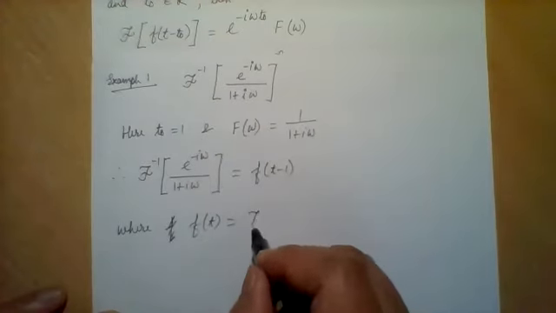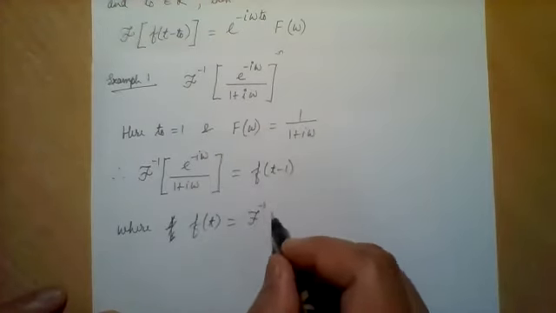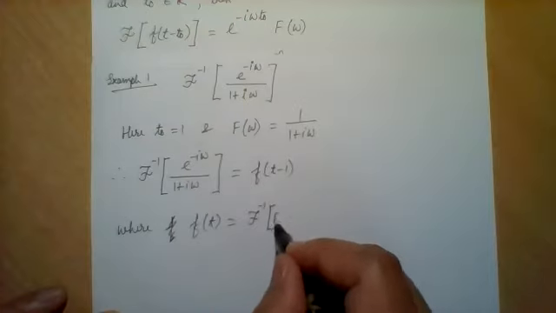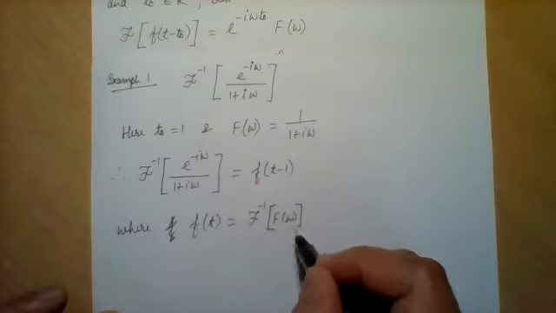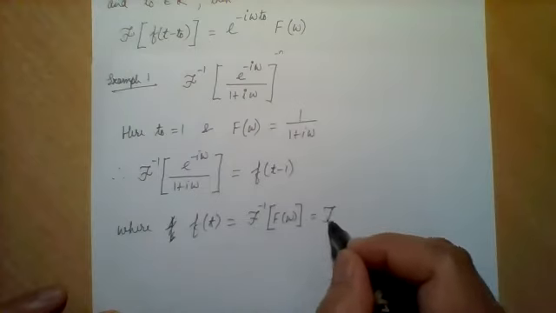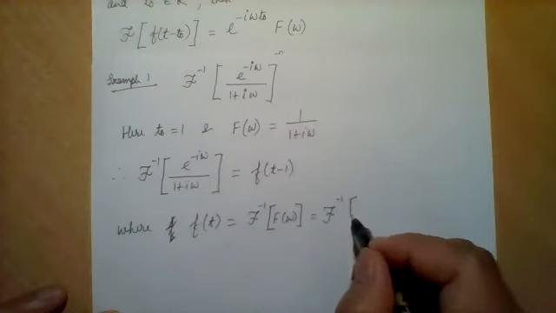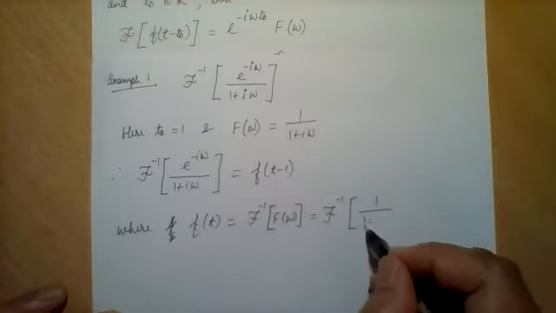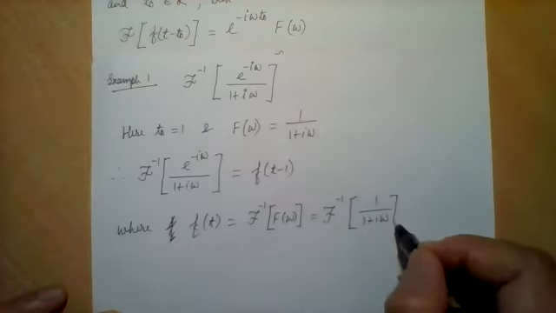Okay, inverse Fourier transform of f of omega, and what is that? That is the inverse Fourier transform of 1 divided by 1 plus I omega.